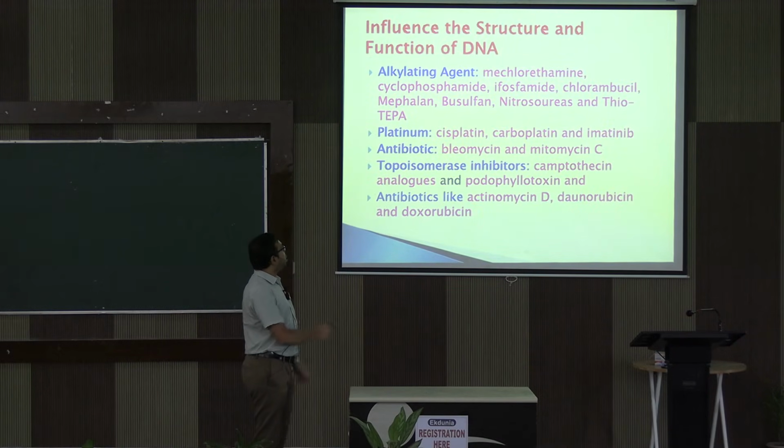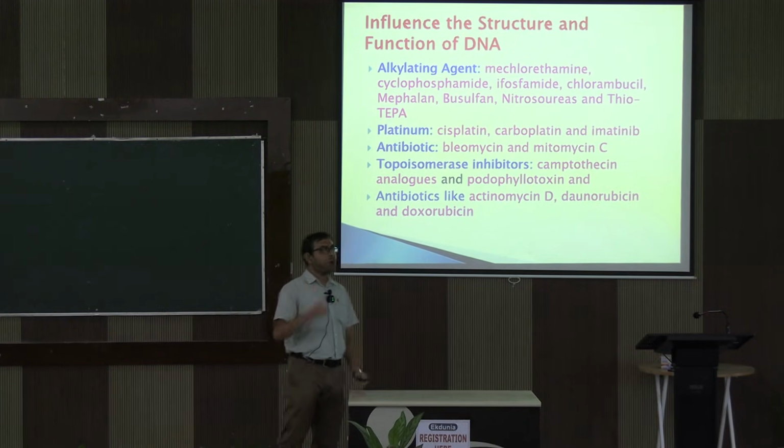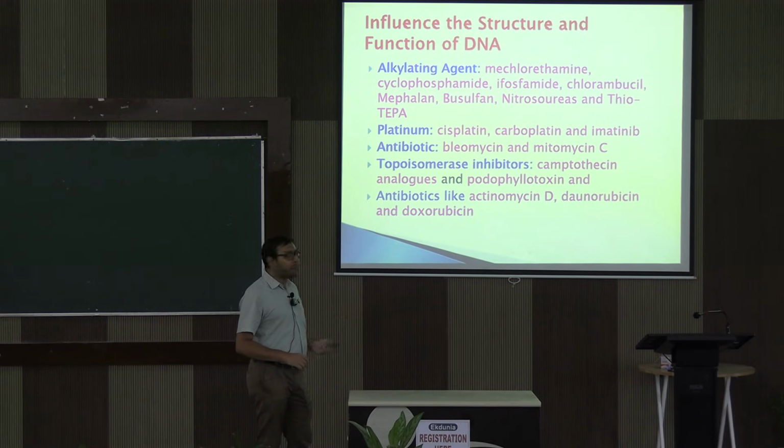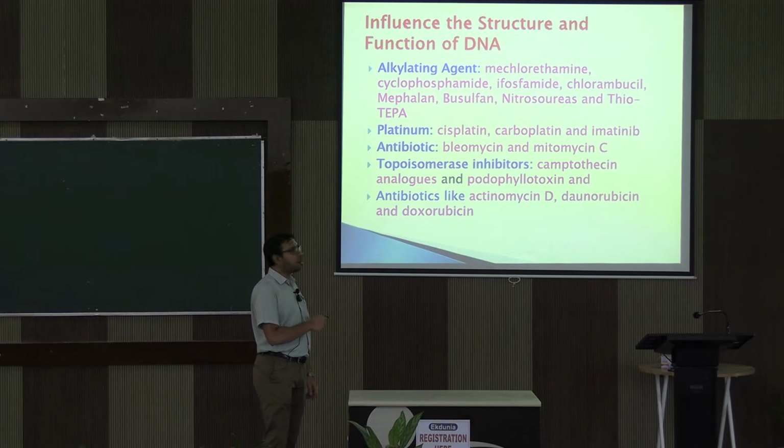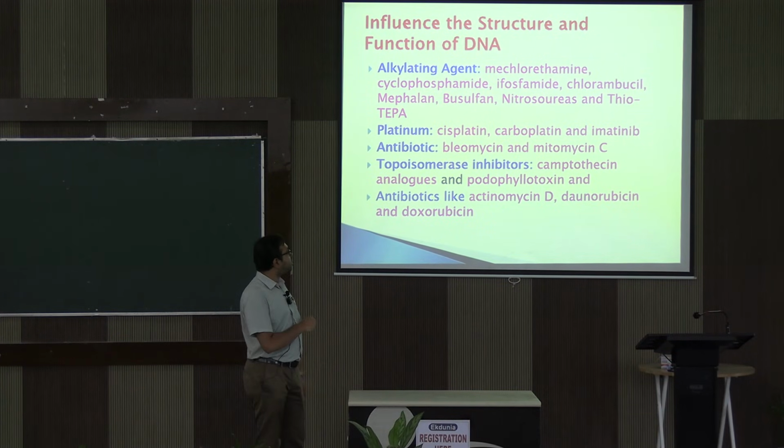Okay. Now coming to the alkylating agents. Already we have seen these examples; again I am showing the names. Cyclophosphamide, usually the most common. Apart from this, there are mechlorethamine, ifosfamide, chlorambucil, melphalan, busulfan, different types of platinum compounds like cisplatin, carboplatin, then anti-tumor antibiotics like bleomycin, mitomycin C, topoisomerase inhibitors like camptothecin analogs, podophyllotoxin, and actinomycin D, which we have already seen.